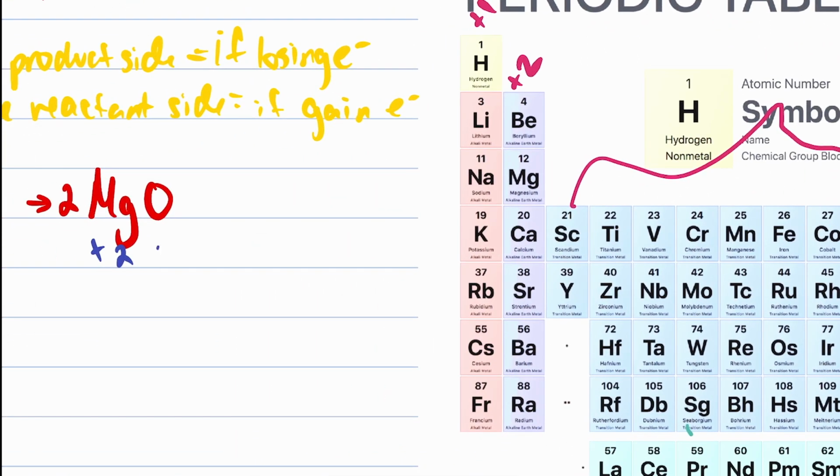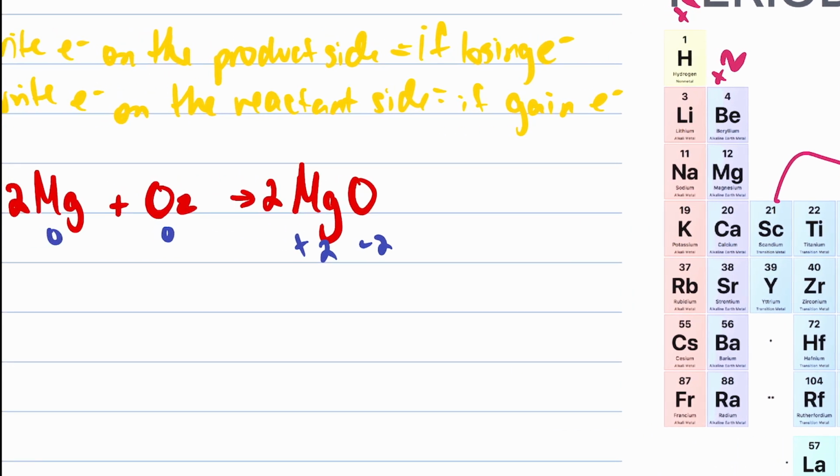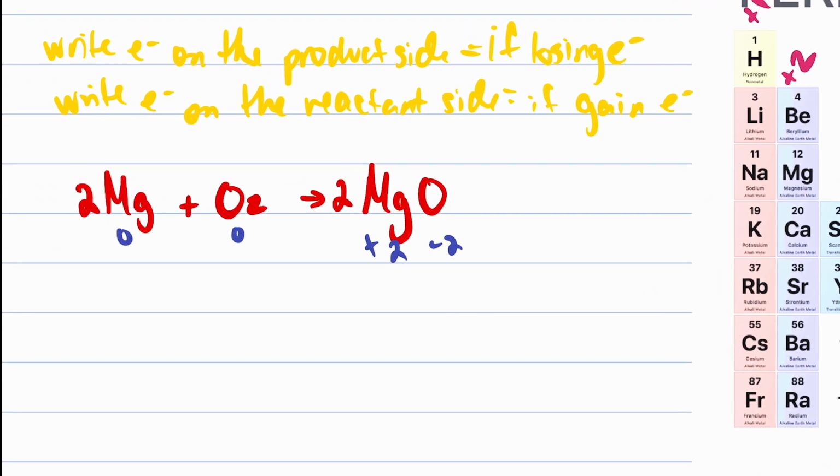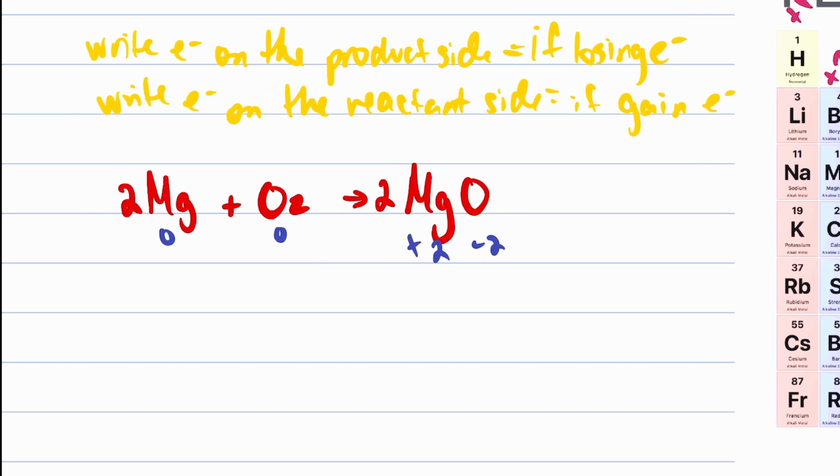When we're writing the half reactions, we also want to take into consideration the coefficients, okay? Because the coefficient is telling me how many of that compound are needed to react with the other reactant, and how many are being produced. So we have 2 magnesium.